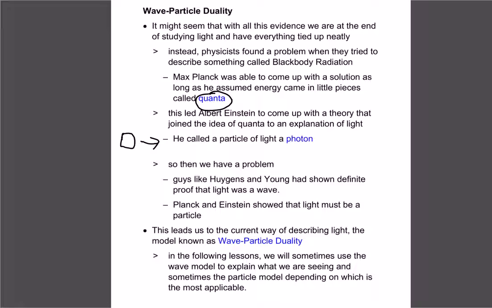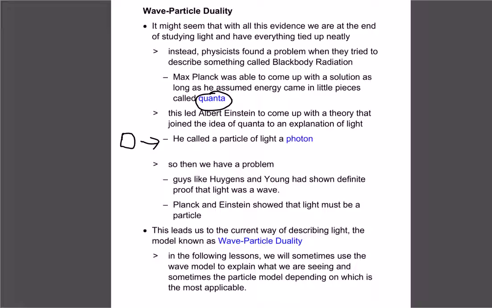So we got a little bit of a problem. Huygens and Young and these guys proved that light had to be a wave. Planck and Einstein are now saying that light has to be a particle, which leads to our modern theory. Because there were these two different ideas, we now see that depending on the situation, some are right. So for the chapter that we're on now, we're going to treat light as waves, and we're going to do wave theories, and everything that we do with waves is to show that that's true.